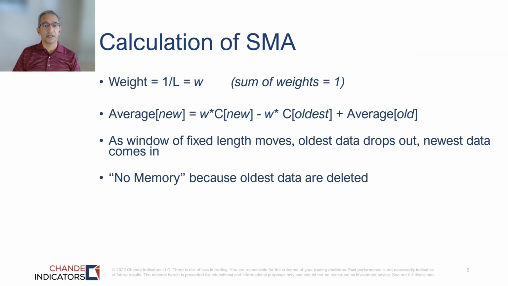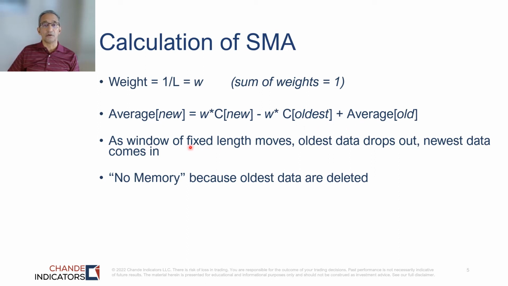So this is what the moving average looks like algorithmically. The weight is 1 divided by L, and we'll denote that with the italic W, and L is the length of the moving average. And the formula for the new value of the moving average is simply the weighted amount of the new data that come in minus the weighted amount of the oldest data that drop out plus the previous value of the moving average.